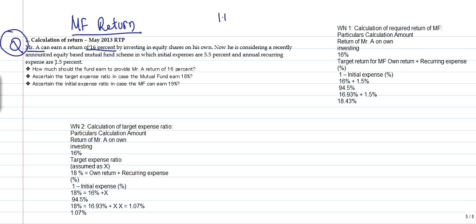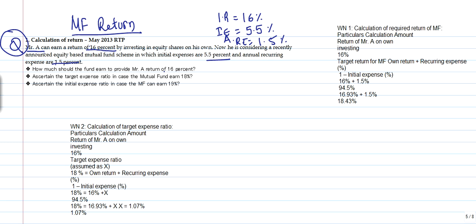So individual return is 16%, initial expense 5.5%, annual recurring expense 1.5%. How much should the fund earn to provide Mr. A a return of 16%?